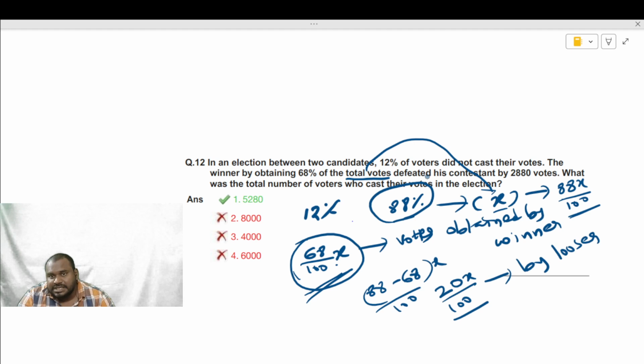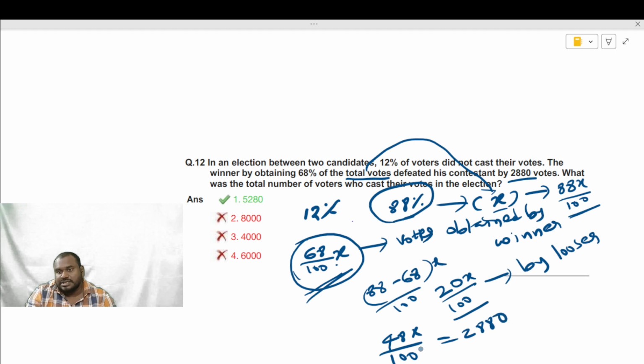But the defeat margin is this many votes. It means winner votes minus loser votes should be equal to 2880. So 68 minus 20 is nothing but 48X by 100 equals 2880. So now 24 twos are 48. So it means X is equal to 60,000.